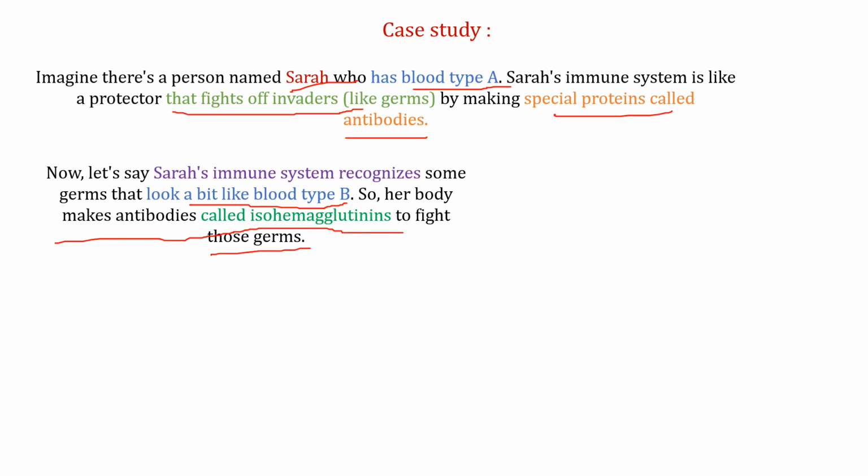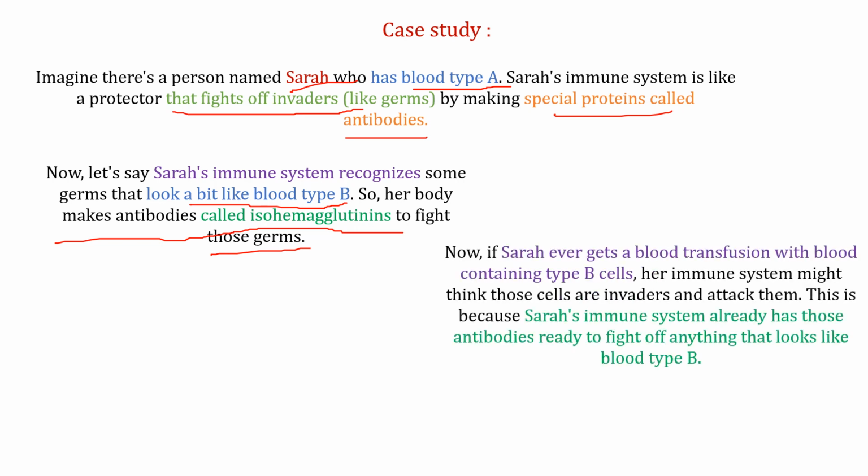They produce the anti-B antibody. Now, if Sarah ever gets a blood transfusion with blood containing type B cells, her immune system might think those cells are invaders and attack them. This is because Sarah's immune system already has those antibodies ready to fight off anything that looks like blood type B.